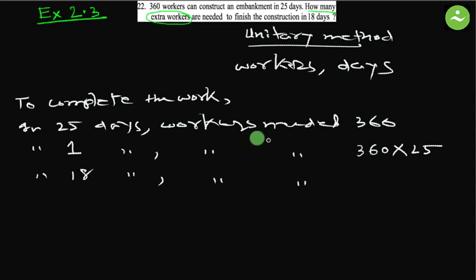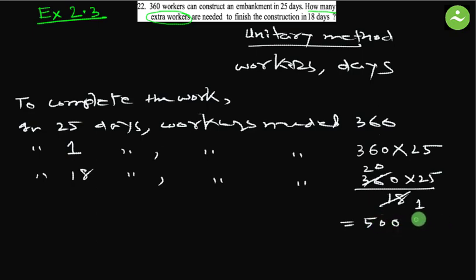Now, the number of workers will decrease because they can work more number of days. So to decrease the value, we have to divide by 18. Now simplify, divide both by 18, this is 20 and this is 1, equals 500 workers.